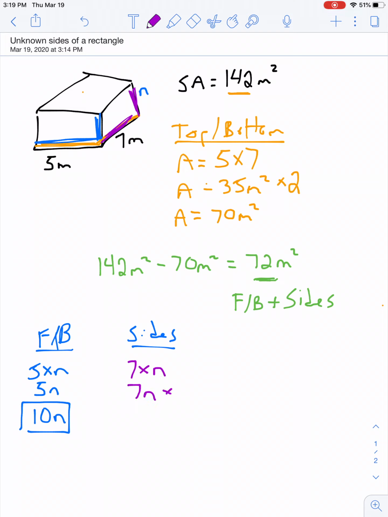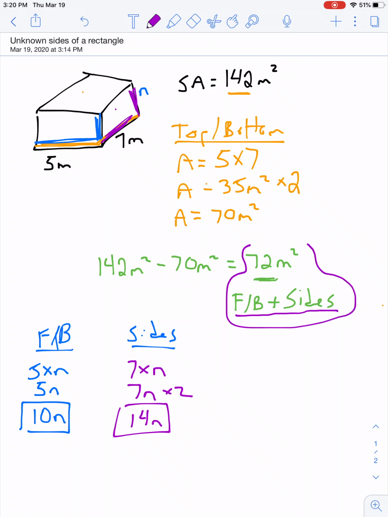I'm going to times that by 2 because there's a left side and a right side. That means I have 14n. So again, we talked about up here that the front and the back plus my sides was equal to this 72. So I know this stuff all belongs together. I know this 10n and this 14n combined to give me 72.